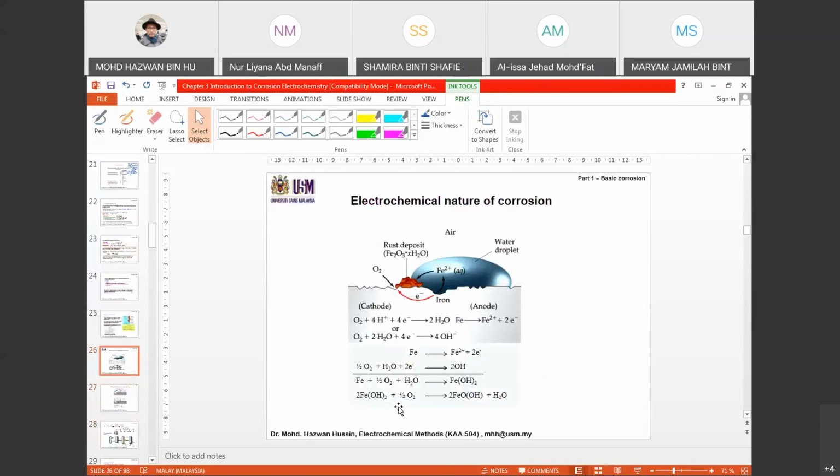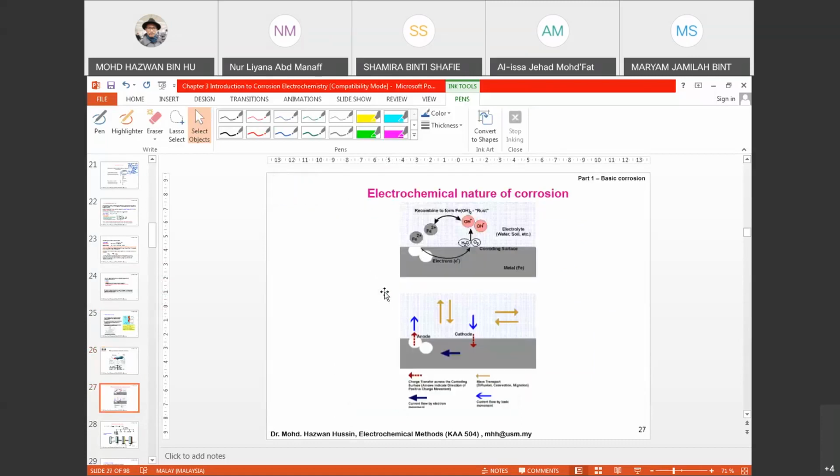Just to show you, if the corrosion happens in one electrode, you will see that in one electrode you have one terminal, the anode, near the water droplet, and the other terminal at the outer part of the droplet, because this is where the rust deposits form.